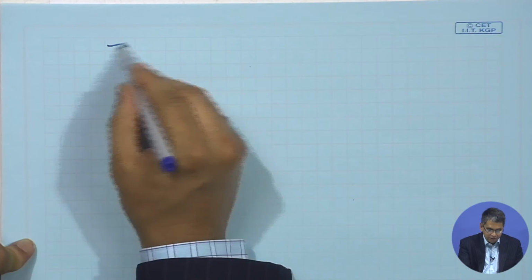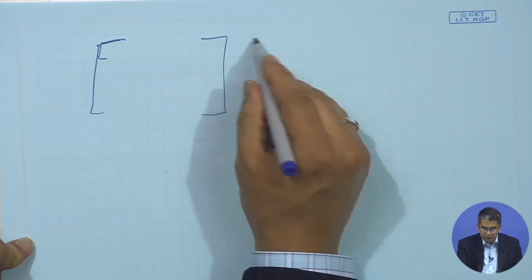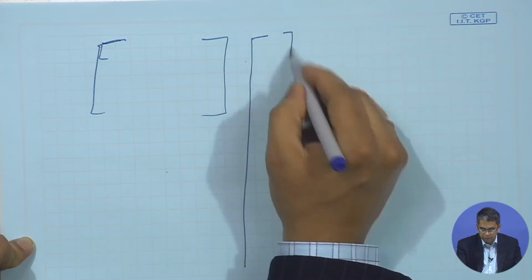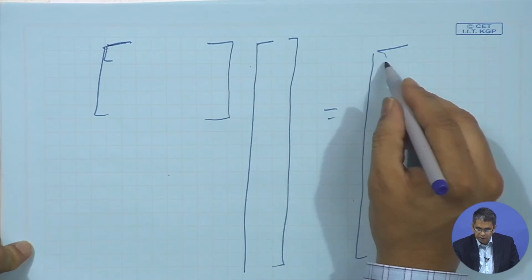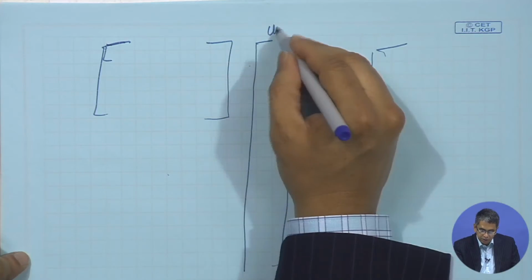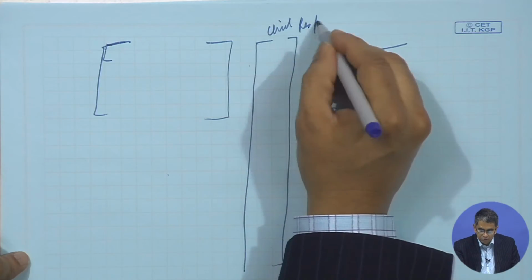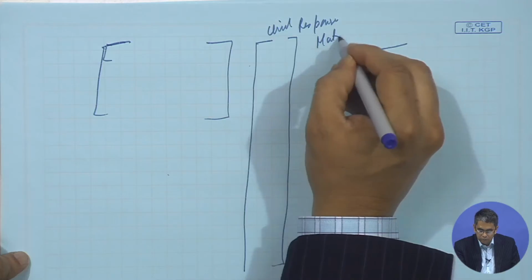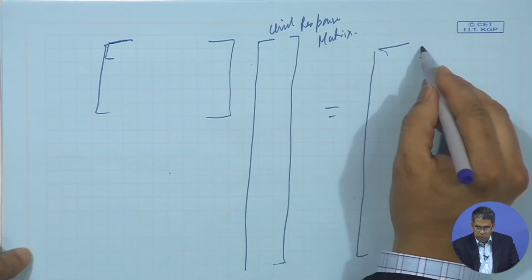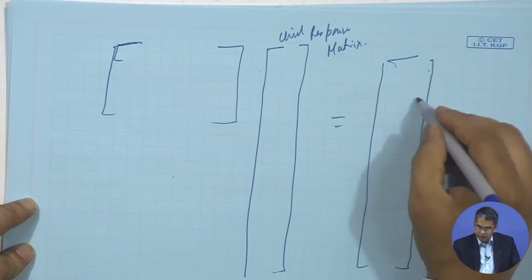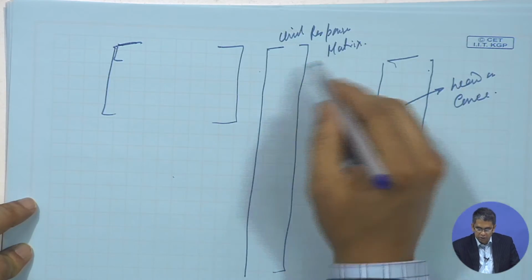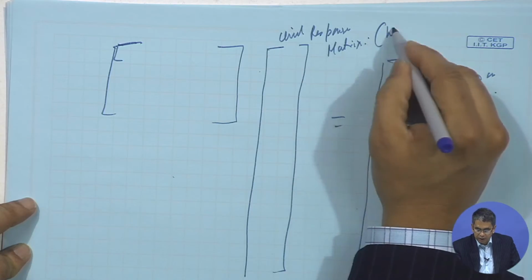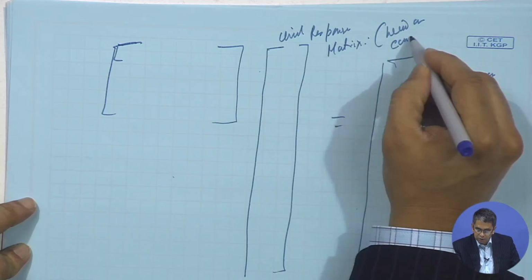So basically you are saying this is my pumping matrix and this is my unit response matrix, and the effect is given by this. This unit response matrix is for maybe head or maybe for concentration.